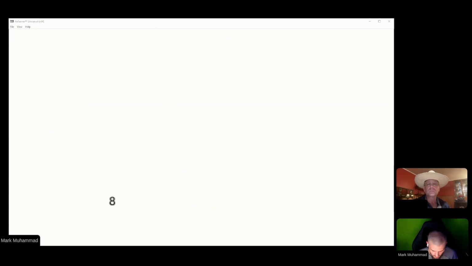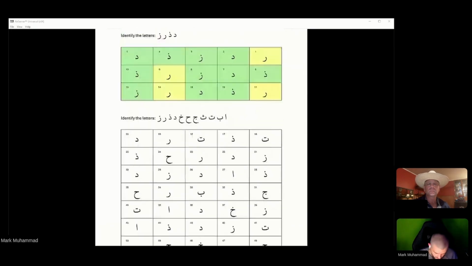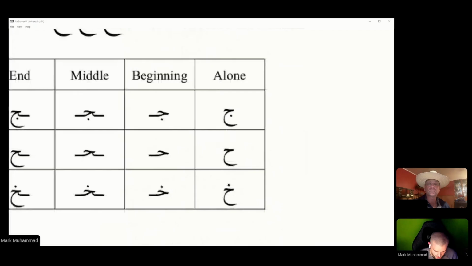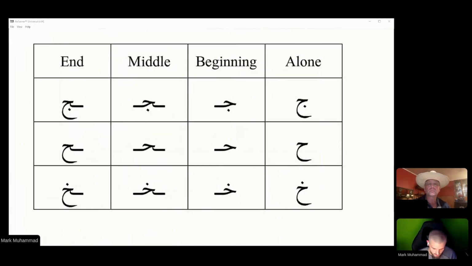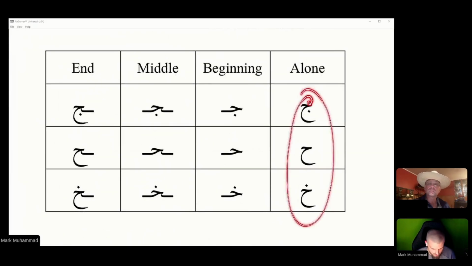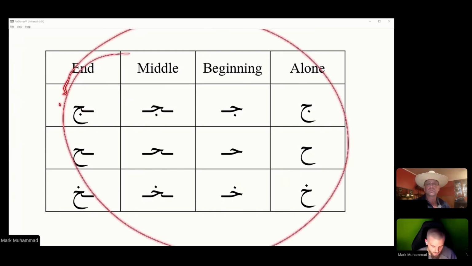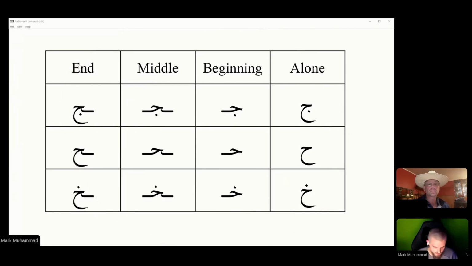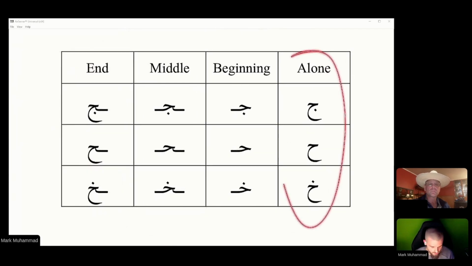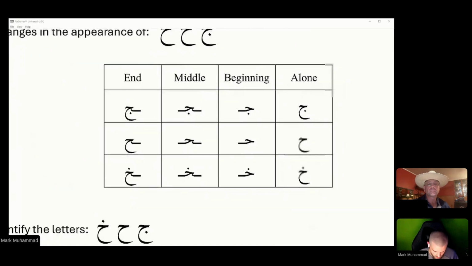We've looked at letters like Jim, and we've looked at how these letters can look at the end, but in reality, that means if they are attached to the letter before them. So I'm not sure if I need to rethink and add this over here, but I'll explain what I'm trying to say.